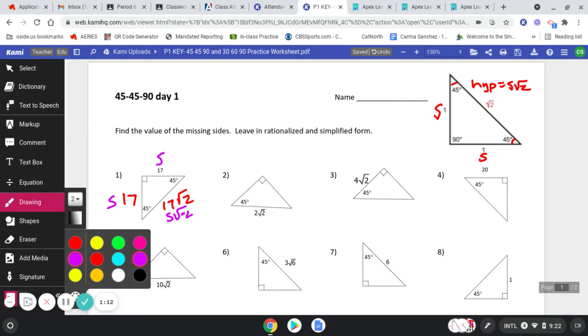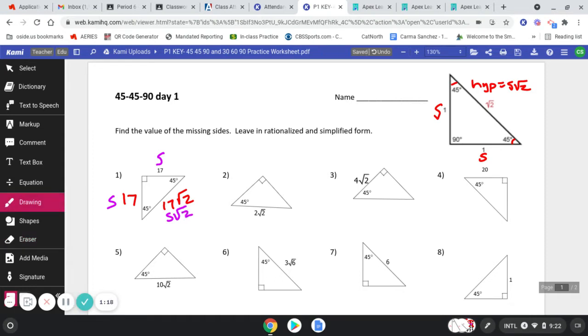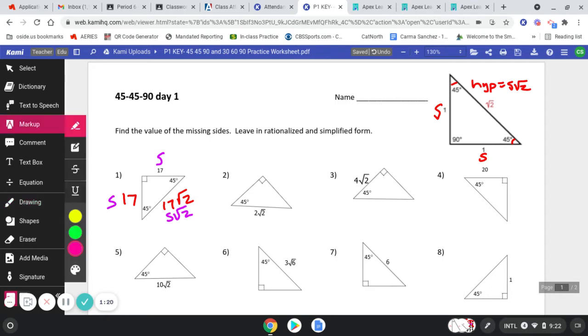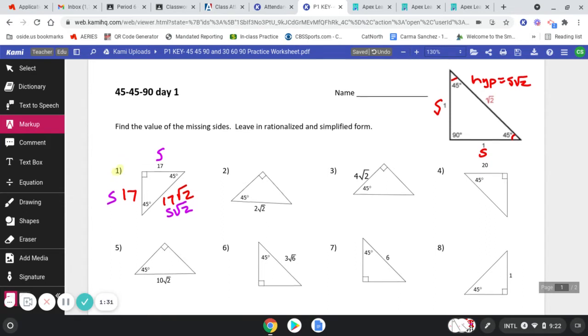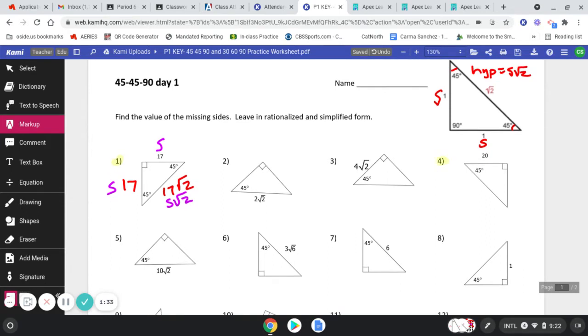Now there are several on this worksheet that are this easy, where you're just filling in the other side length and the root 2. So for example, if I look across this worksheet, which other ones are like number 1? Number 4 has a side length already given to us.